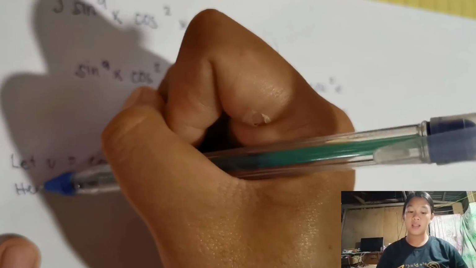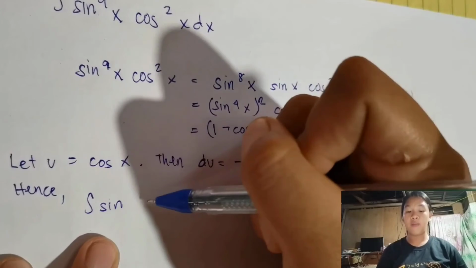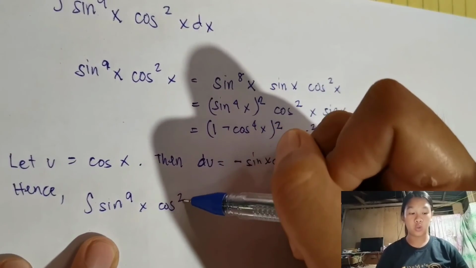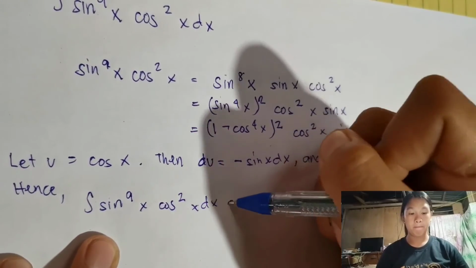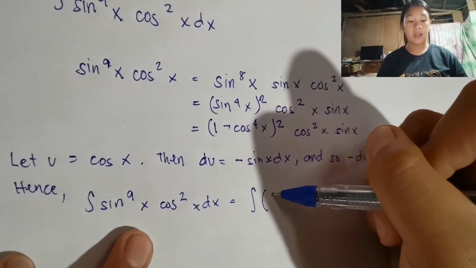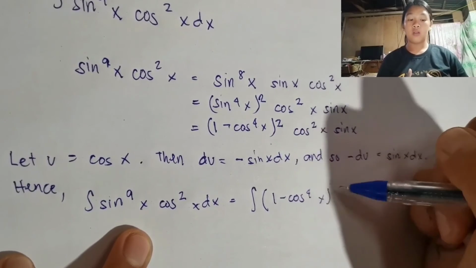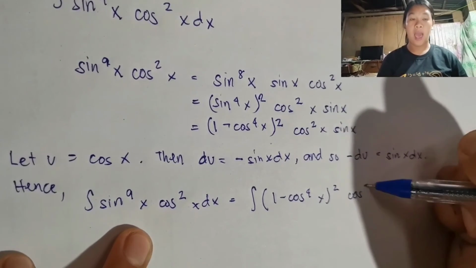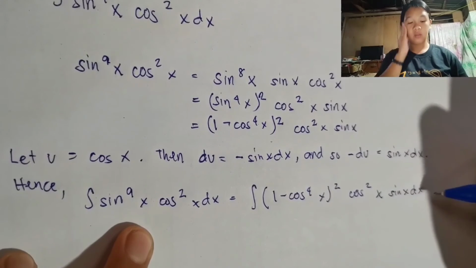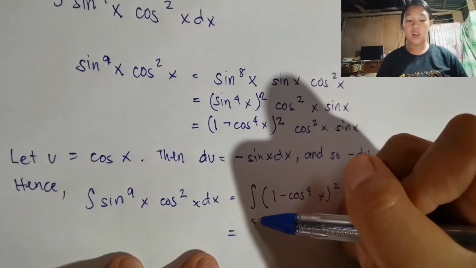Hence, the integral of sine raised to the power of 9x cosine squared x dx is equal to the integral of the quantity 1 minus cosine raised to the power of 4x squared times cosine squared x sine x dx.